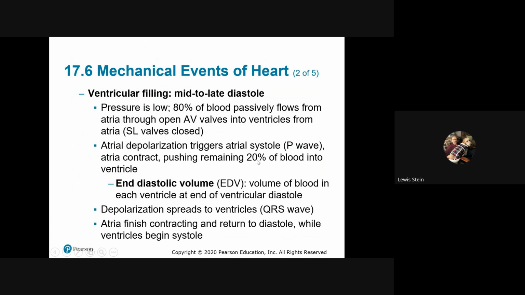If everything is working properly, that coordinates with the start of the P wave and the firing of the SA node. And so we look at the end of diastole, when it starts to fire, we should have filled the heart 80%. And that last 20% is what happens when the atria contract.